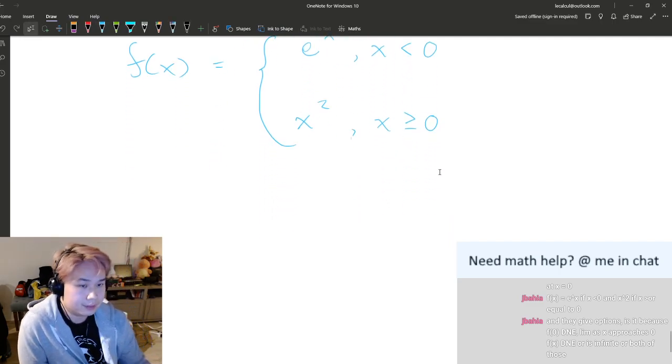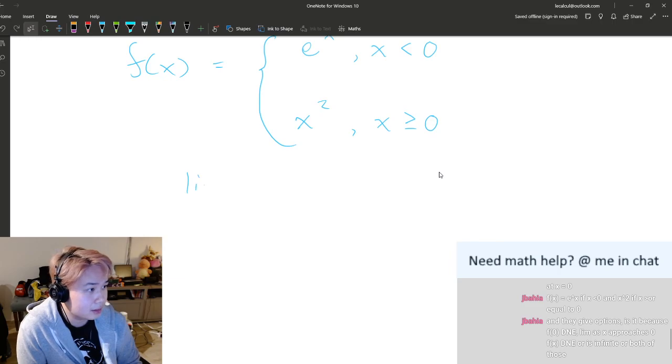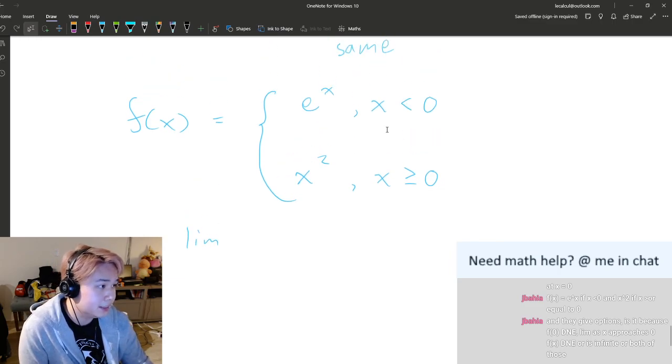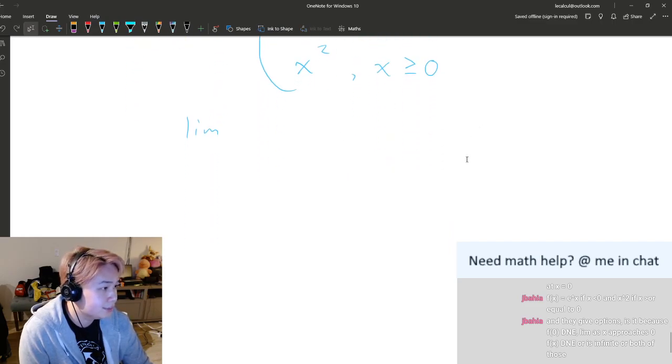So first off, you need to find the left and right limits. So you see this function is split at 0. So if you approach 0 from the left side, you need to observe this function, because these values are on the left of 0.